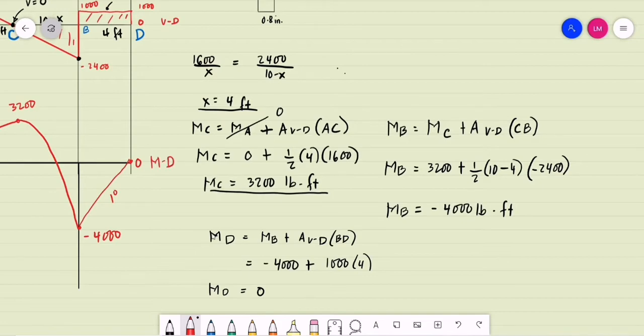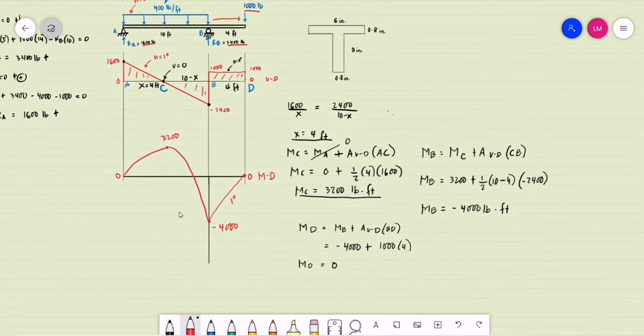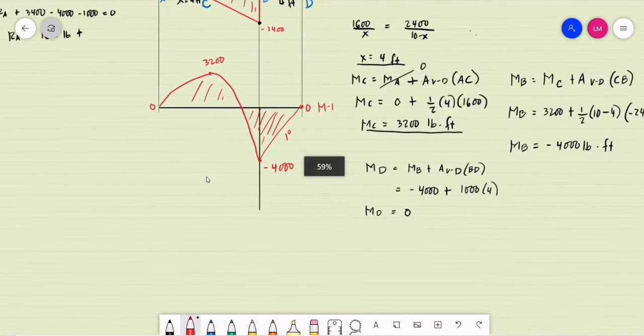Now we are to consider our maximum moments that will give us the maximum bending stresses. Take note that the beam will behave differently for the sign of the applied moment.